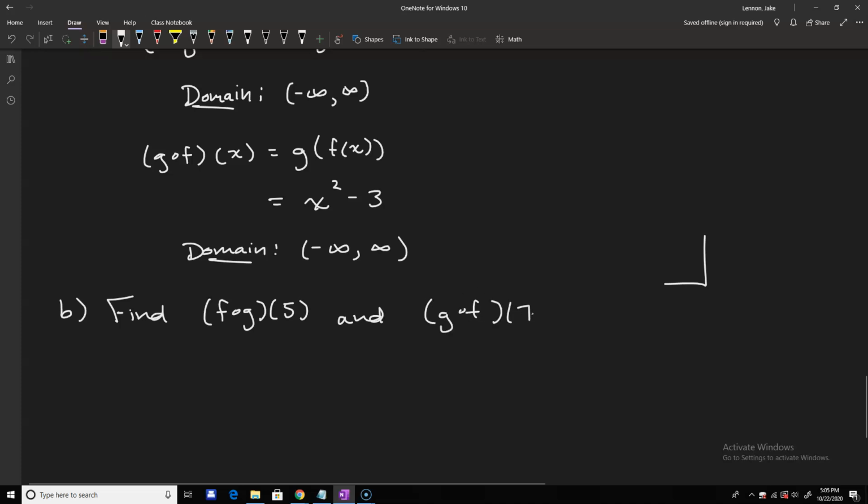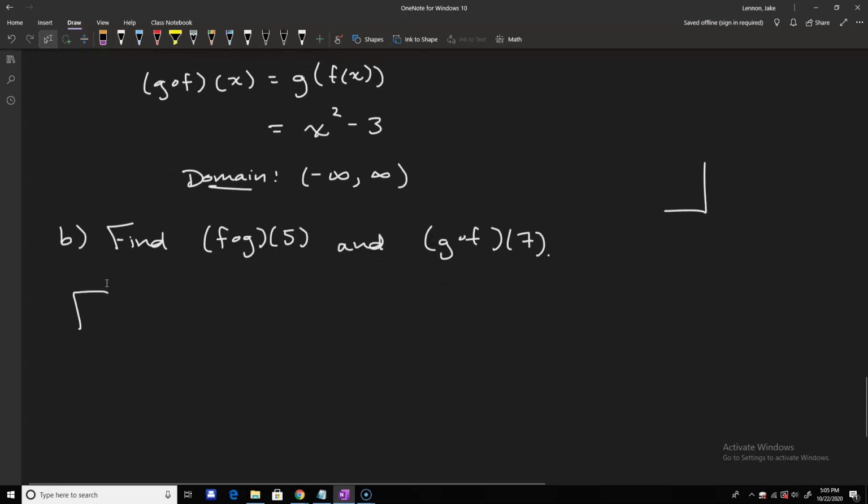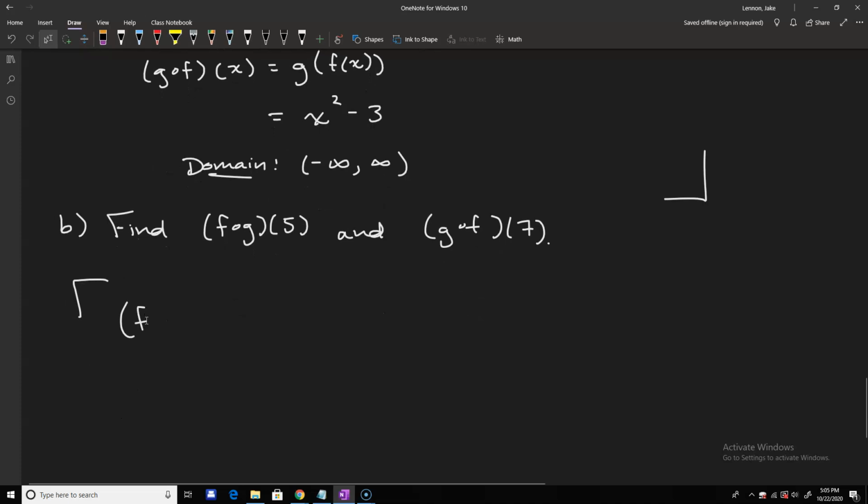You can do these in 2 steps or in 1 step, but basically for the first one, f of g of 5, we have to plug 5 into the formula for g, and then plug the result of that into the formula for f. So g of x was just subtracting 3, so 5 minus 3 is going to be 2. So this becomes f of 2, and then the function f just squares that, so we get 4.